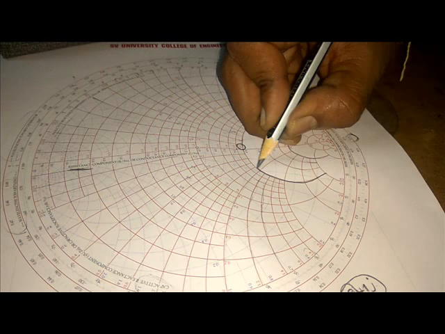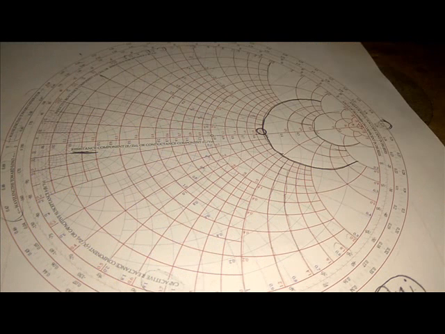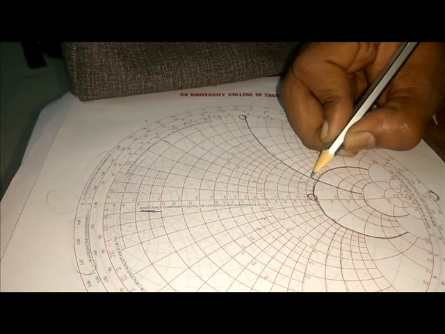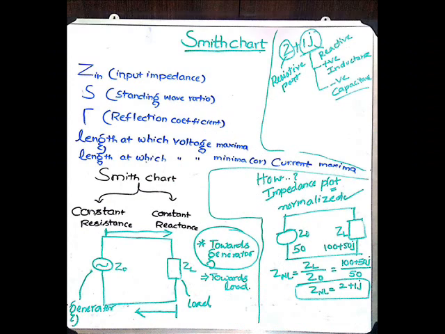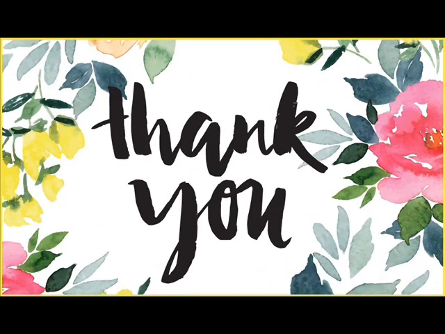Now what I have to do is find the intersection of these two circles. That is my intersection point, and this is the normalized load impedance 2 plus 1j. Now we have understood what a Smith chart is, what its purpose is, and how to plot impedance on the Smith chart. Thank you.